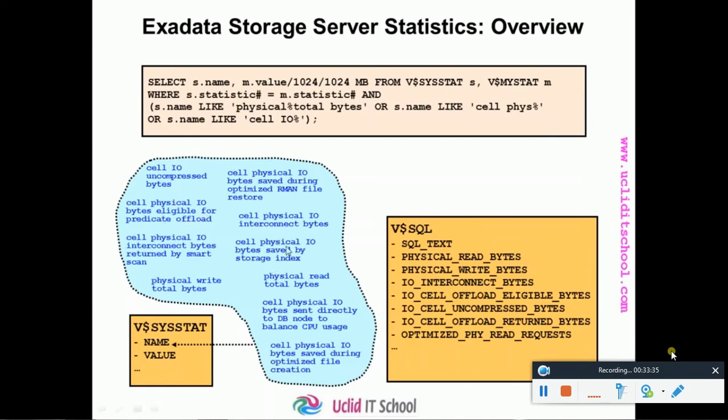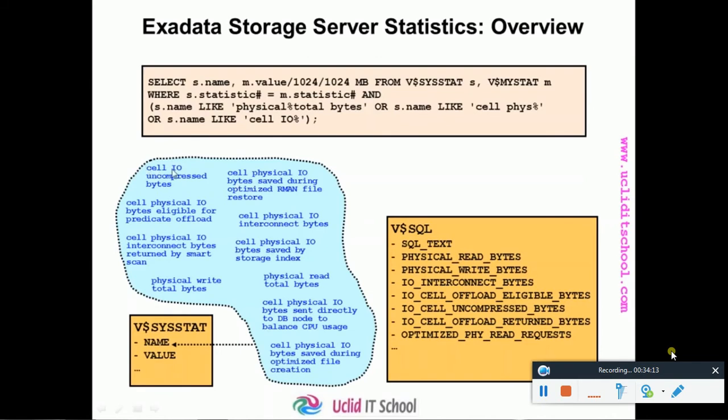These are all the storage server related statistics, and these statistics can be queried from the v$sysstat view. Some statistics are displayed by the v$sql view. This is the typical query that you can run to get all these statistics. Basically, all these statistics will have some sort of cell keyword in their name.